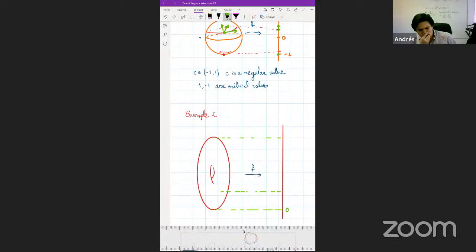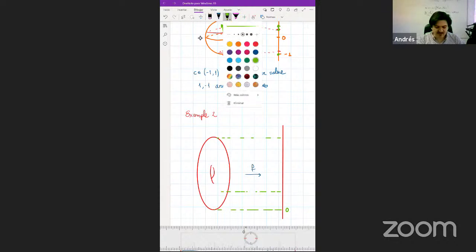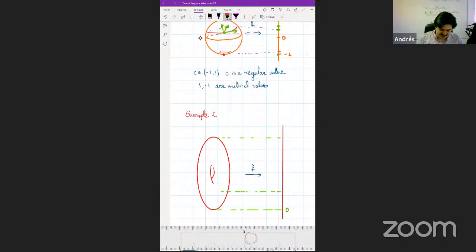Okay? Now, let's argue as in the previous example and see how far we can go. That point is going to be a critical point because it is the minimum of f.